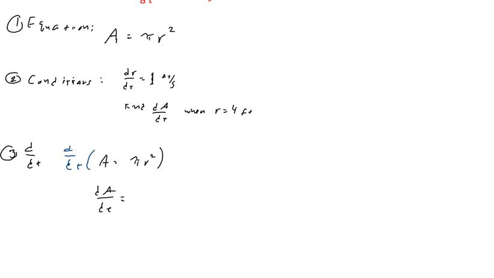I'm going to do my power rule, bring the 2 down in front, so it's 2 pi r, and then I need another times dr/dt, because of the chain rule, since I'm doing the derivative with respect to time. So the radius has a derivative, dr/dt.